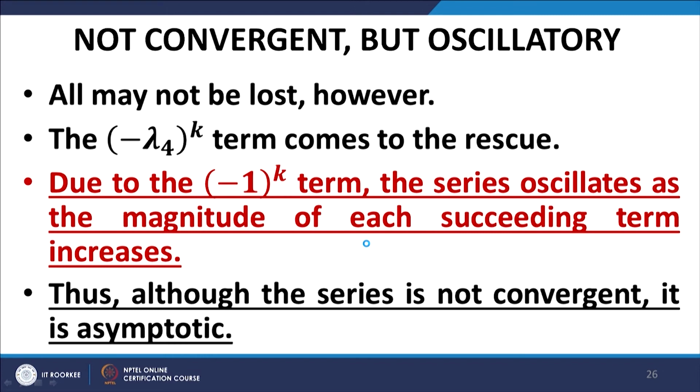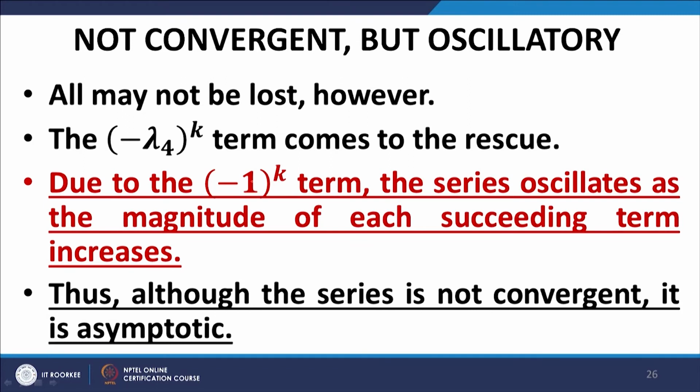Now, there is some rescue, there is some hope. That hope arises from the minus lambda 4 to the power k term. The presence of this minus 1 factor comes to the rescue, because although the magnitude of the series is increasing, the sign is changing.